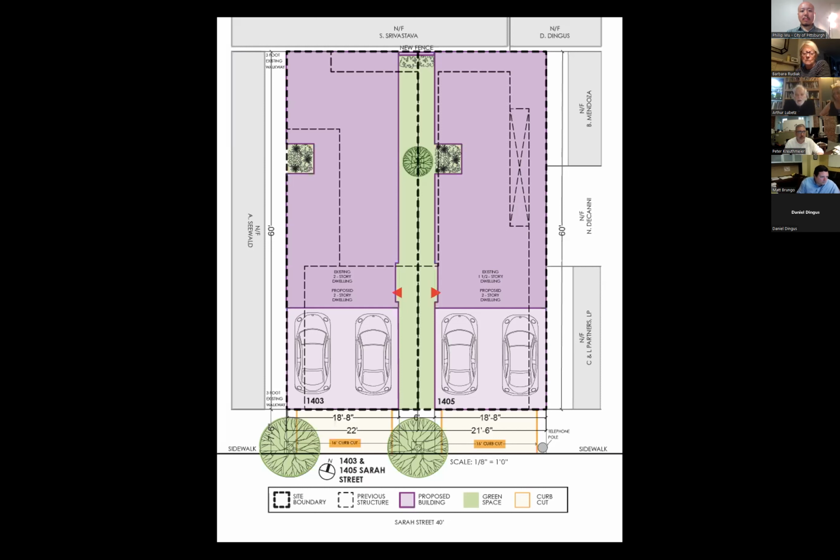Well, if I can interject for 1 second, if we look at 1403, the existing building with the building attached to it is on the rear property line and on the west property line. The building that we're proposing on 1405 is about 2.5 feet off the property line, if we count the porch.